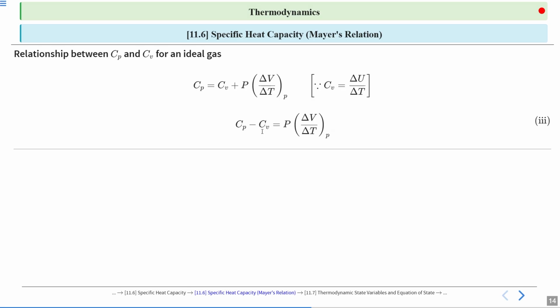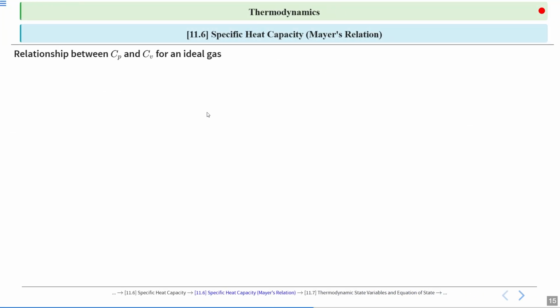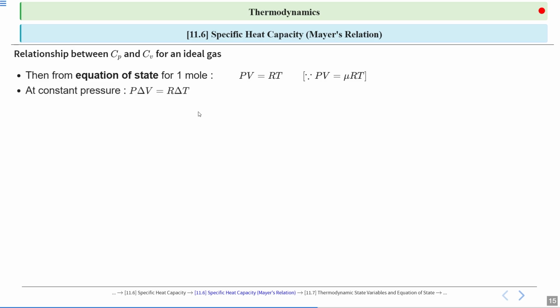Alright. Now we will solve the RHS term using the ideal gas equation. The equation of state for 1 mole, it means the value of mu is equal to 1, so the ideal gas equation becomes PV is equal to RT. At constant pressure, the expression becomes P into delta V is equal to R into delta T. So we differentiate it at constant pressure, and the expression becomes this.